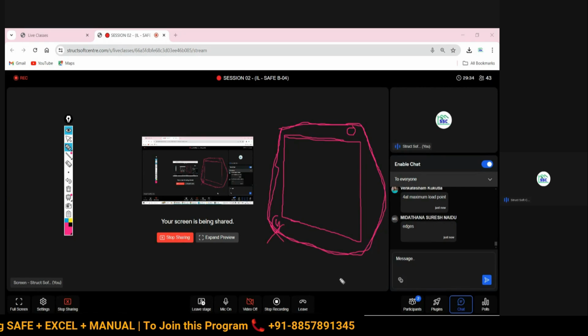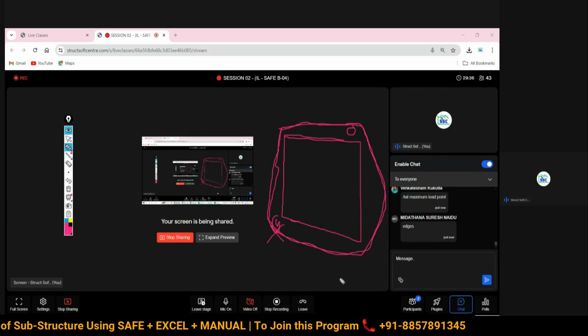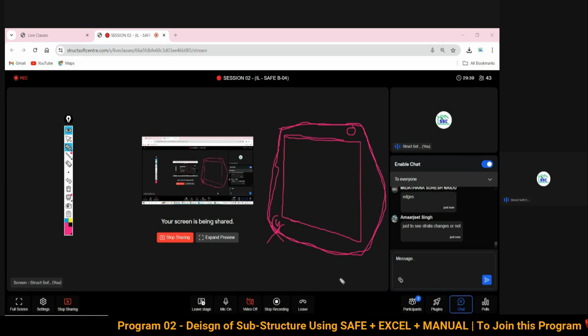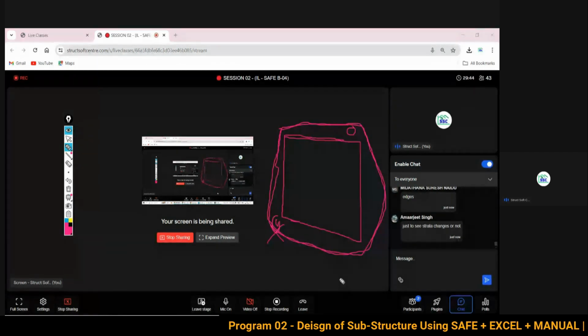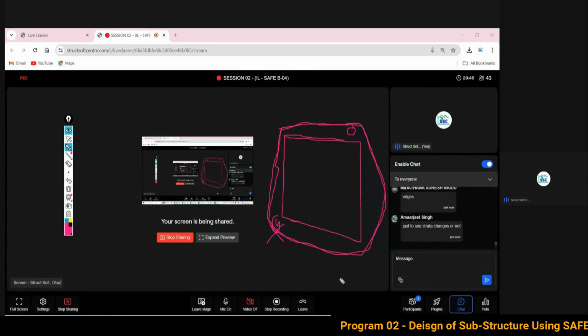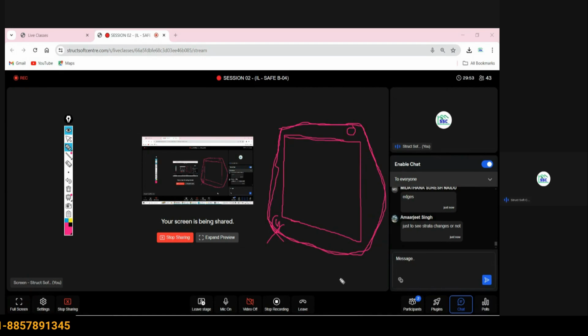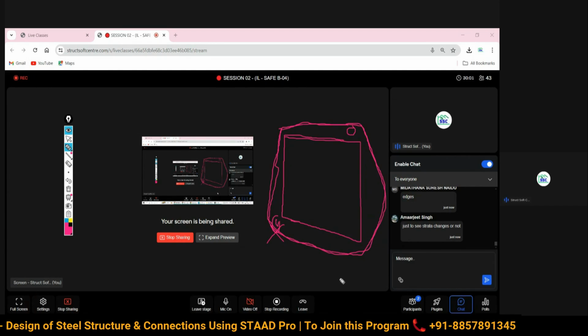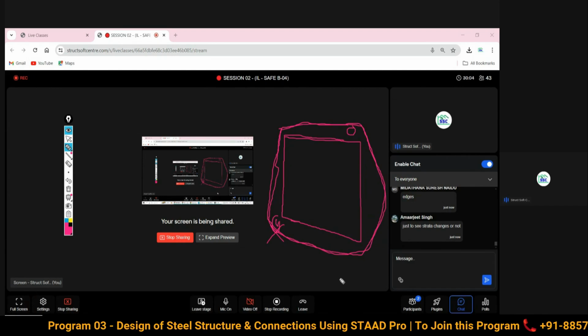Actually, the very important thing is that sometimes, when there is a concern about the economy, then the reverse approach is used. Firstly, the design engineer is asked to do the modeling and the analysis, and after the analysis, the geotechnical engineers ask at what point the maximum load is coming.